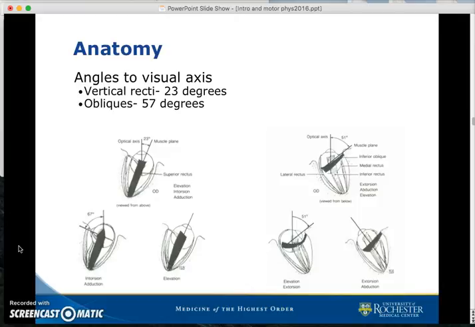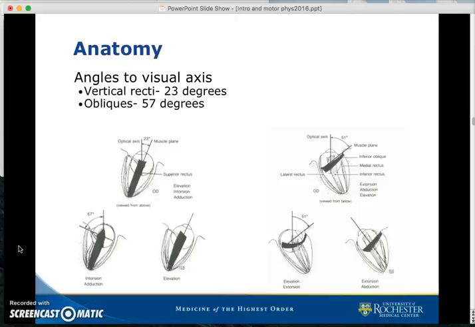If the eye was able to adduct 67 degrees in the bottom left picture, the superior rectus then becomes a pure intorter because it's perpendicular to the visual axis. If you look at the bottom right picture, this is looking at the oblique muscles, and specifically this is the inferior oblique, which is somewhere between 51 and 57 degrees depending upon the text with the visual axis.